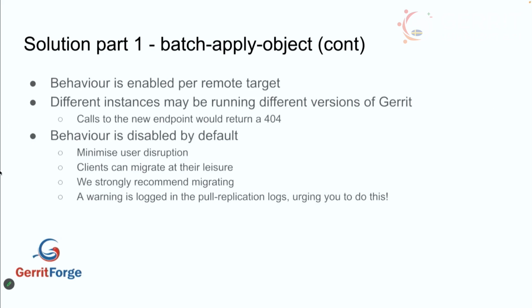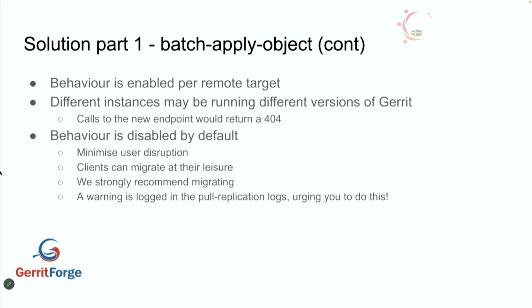This is because you may have different instances that are running different versions of Gerrit. If we were to blanket enable this regardless of the replication target, then if they're running different versions, especially of the plugin, we might be getting 404s or different sorts of errors.